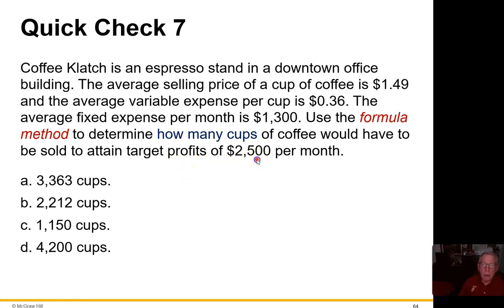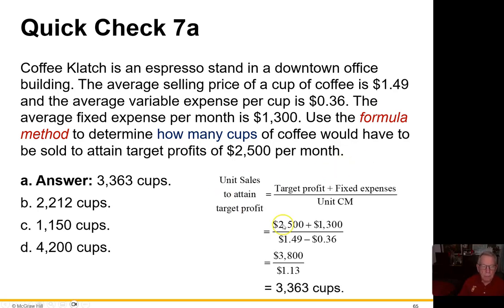We're going to take the $2,500 plus the $1,300 and divide it by the contribution margin per unit, which is $1.13. And that's exactly what you see they did here. If I do that, it comes out to 3,363 cups they'd have to sell to make an operating profit of $2,500 per month.